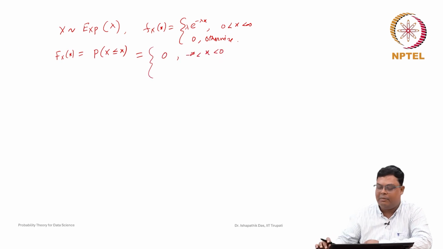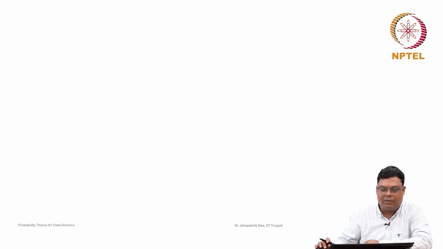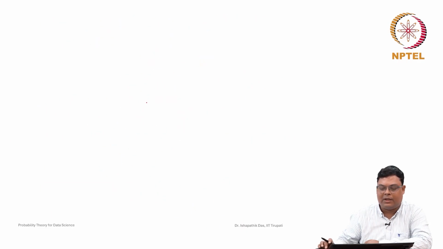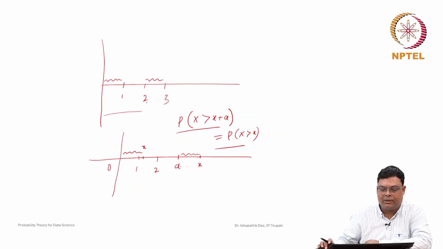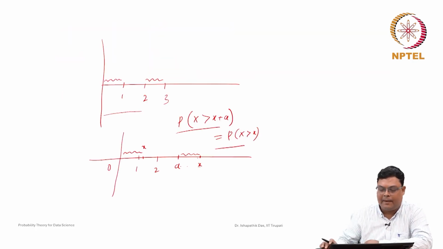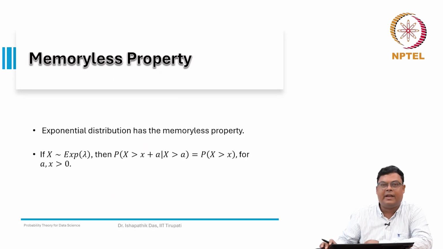We have already discussed this cumulative distribution function earlier. You can see that it is 1 minus e to the power of minus lambda x, whenever x is greater than 0 and less than infinity.